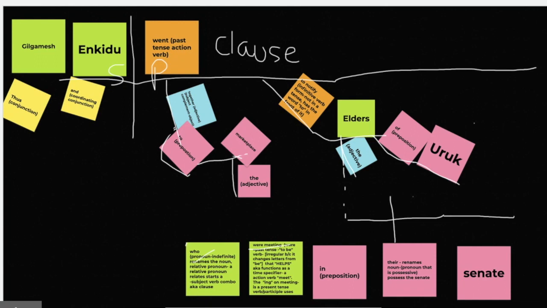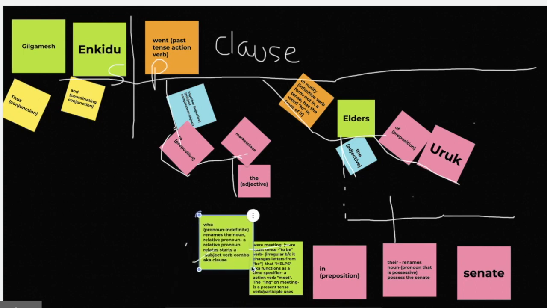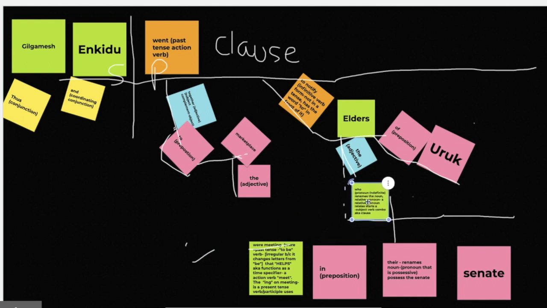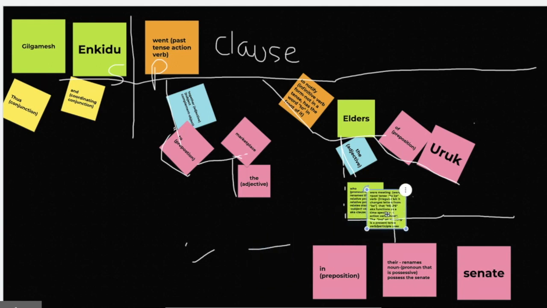In this case, it's a dependent or subordinating clause, meaning it's not about Gilgamesh or Enkidu, right? It's more about the elders. Therefore, it's dependent on what details are in the sentence. So we're going to add that secondary clause over here. Okay, that comes off elders because it's showing it's a dependent clause.